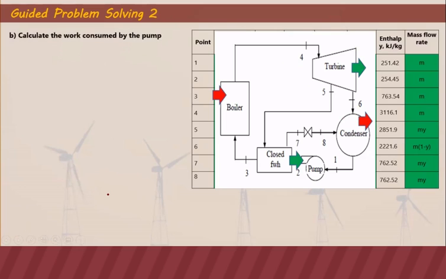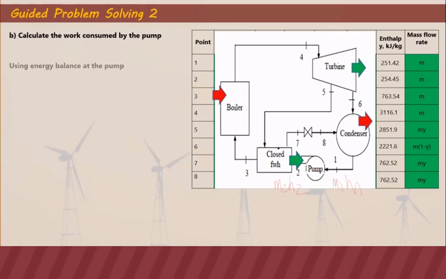Next is the work consumed by the pump. As you can see here, we have energy entering as M1H1, energy going out from the pump as M2H2, and this work is work in, so it's going into the pump.